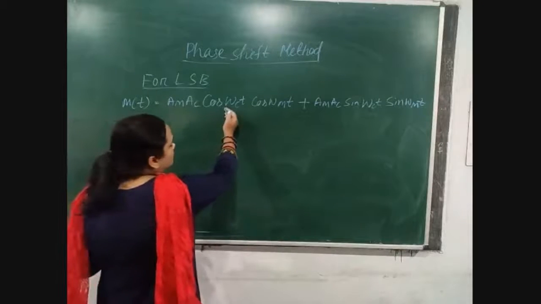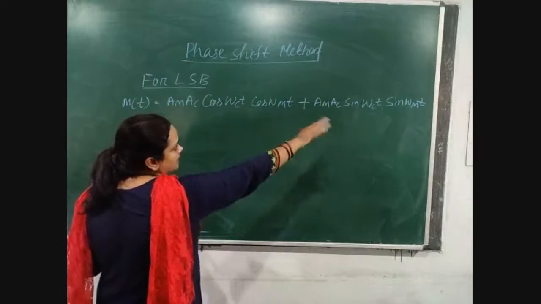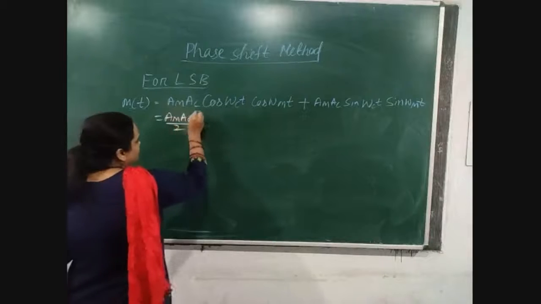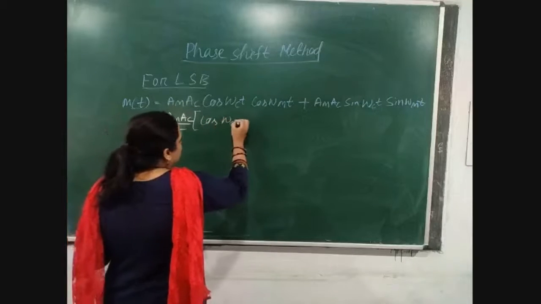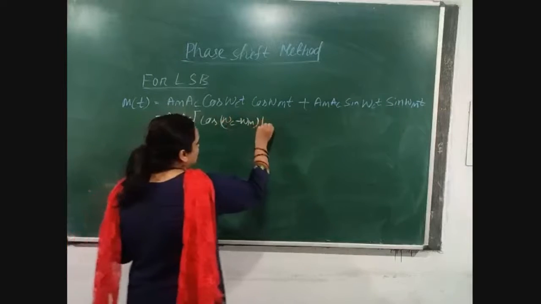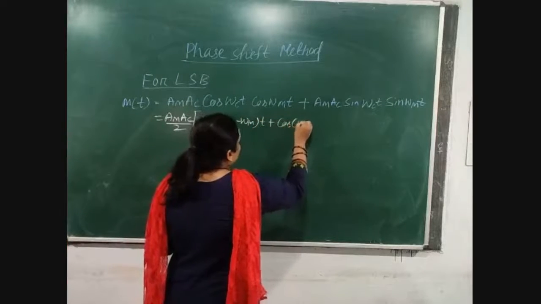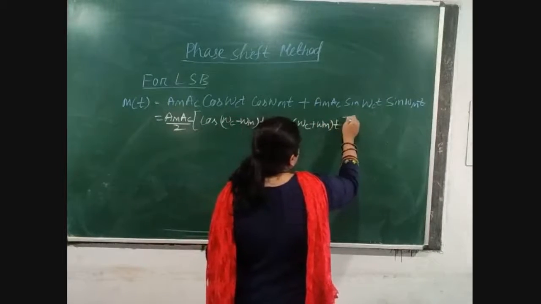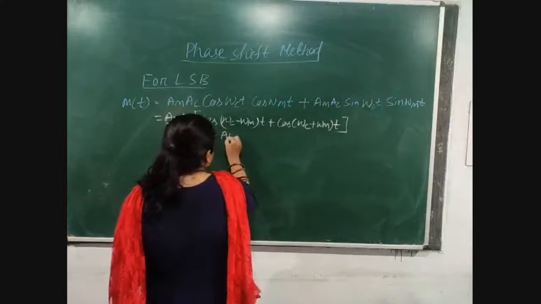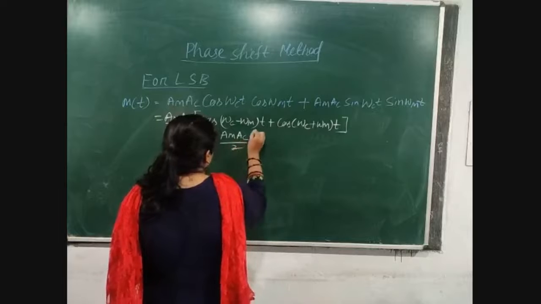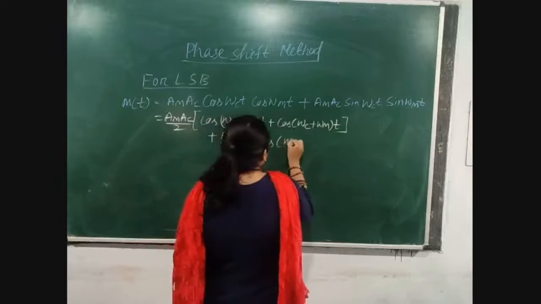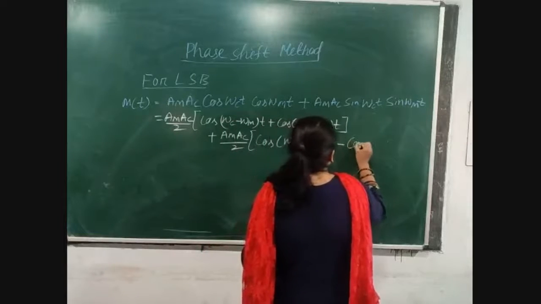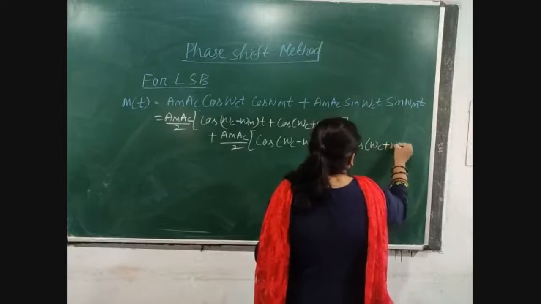Just apply the formulas for cos A cos B and sin A sin B. We get Am Ac/2 [cos(ωc − ωm)t + cos(ωc + ωm)t] plus Am Ac/2 [cos(ωc − ωm)t − cos(ωc + ωm)t].